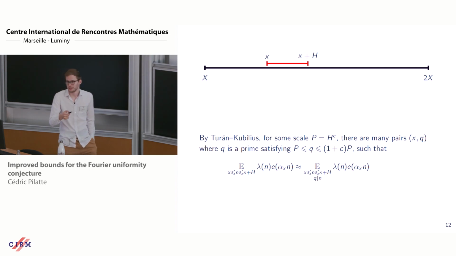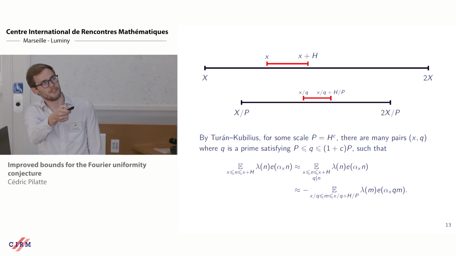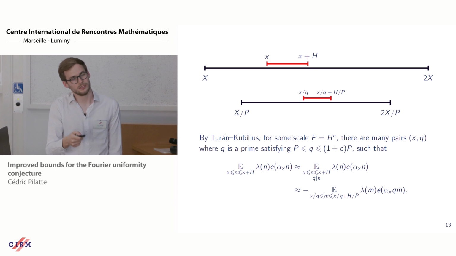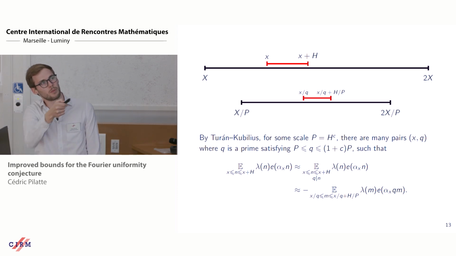And now I'm going to use the multiplicative property of the Liouville function, and lambda of n I write as lambda of m times q, and then by multiplicativity I get this expression, and this is an average.